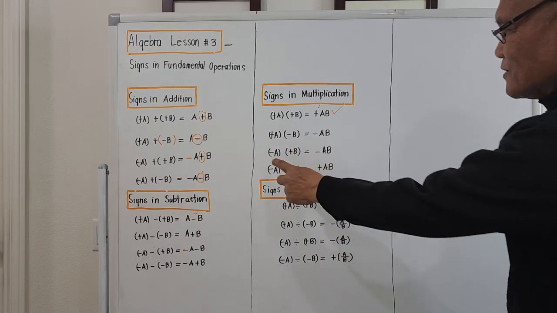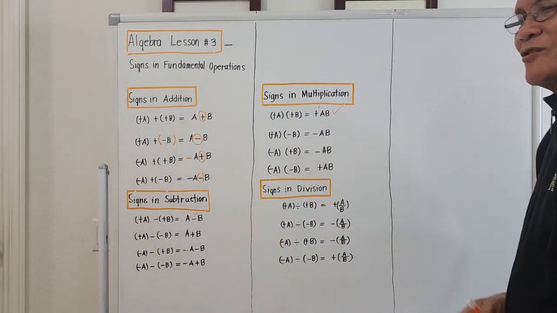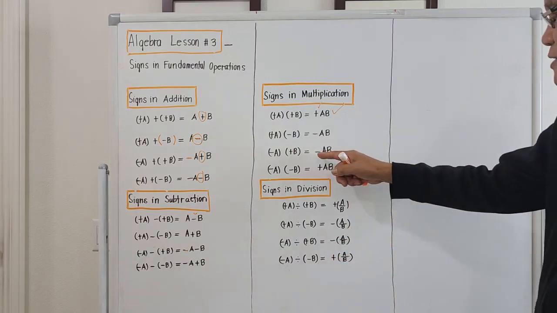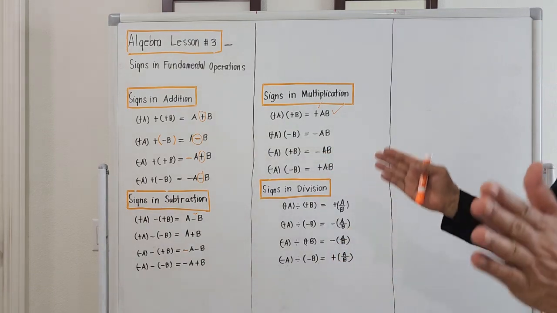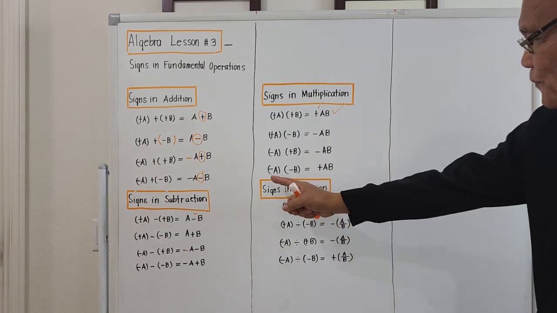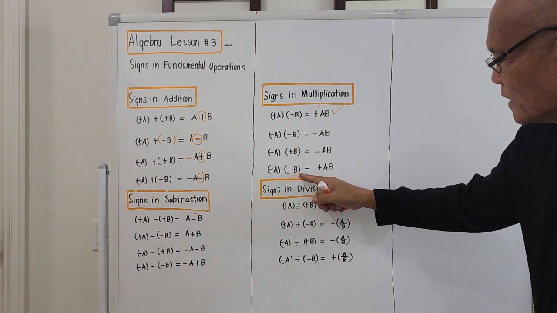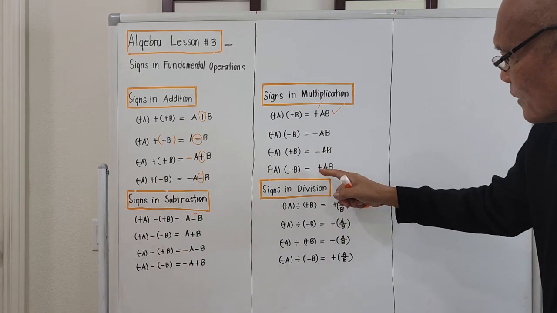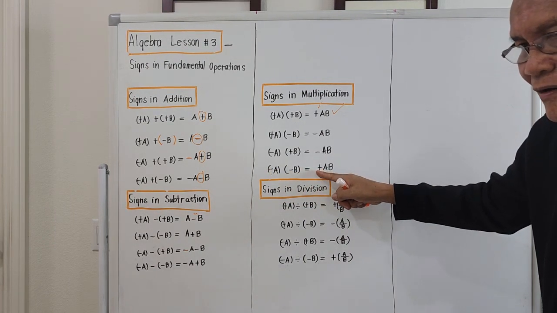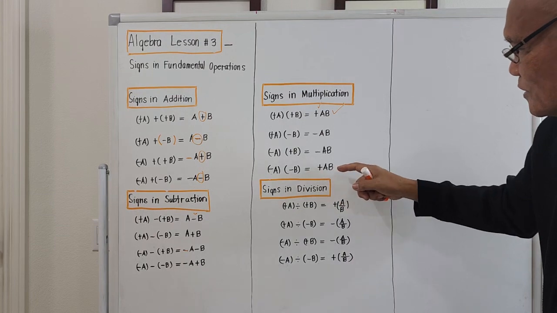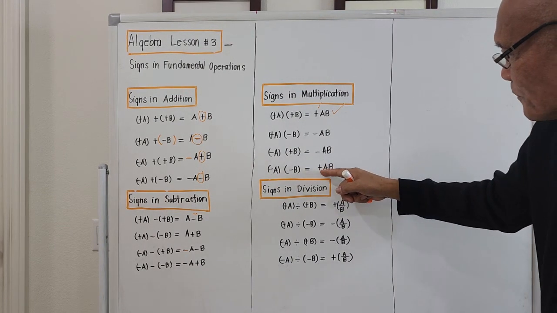This is negative AB. Fourth condition, if the first one is negative and the second one is negative, a minus and a minus will be plus. So the product AB should be preceded by plus.